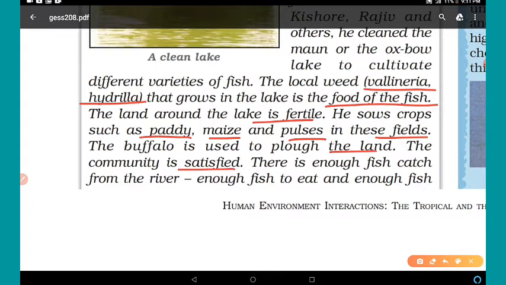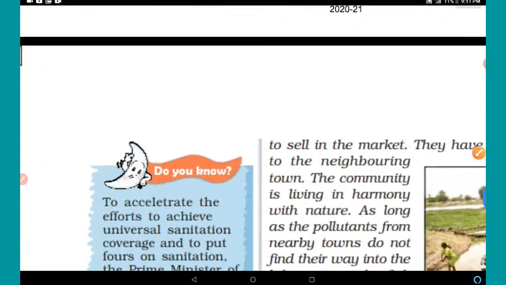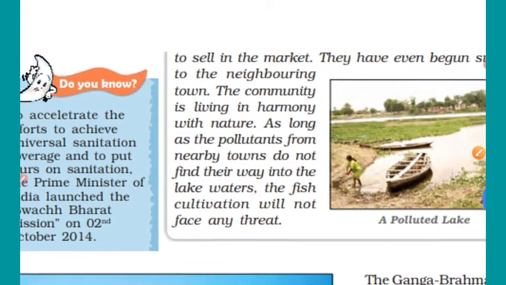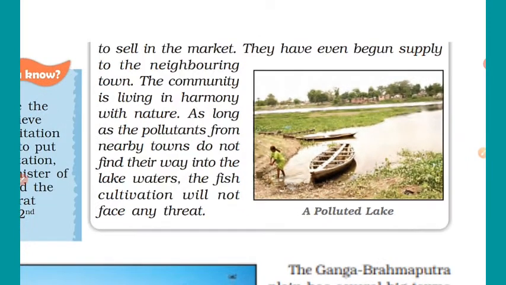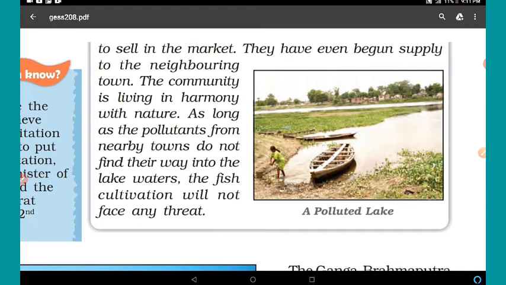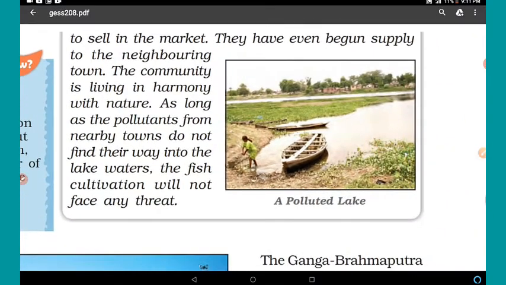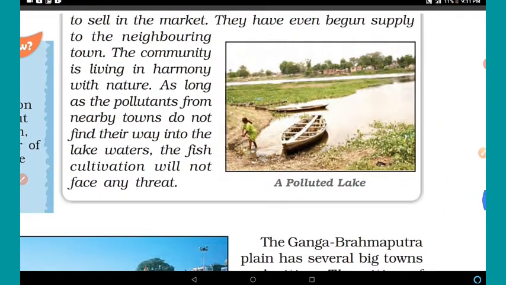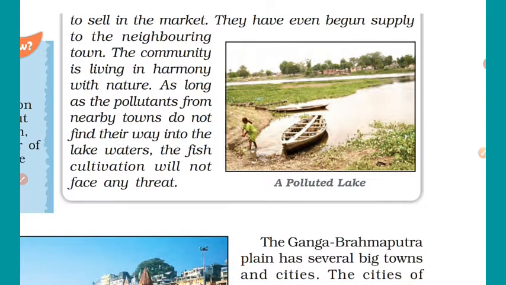There is enough fish catch from the river, enough fish to eat, and enough fish to sell in the market. They have even begun supply to the neighboring town. The community is living in harmony with nature as long as the pollutants from nearby towns do not find their way into the lake waters. The fish cultivation will not face any threat.